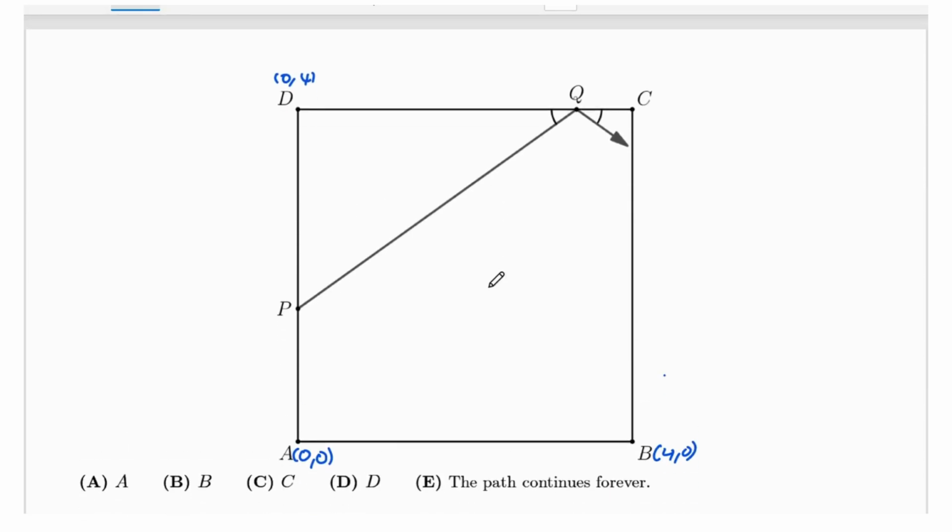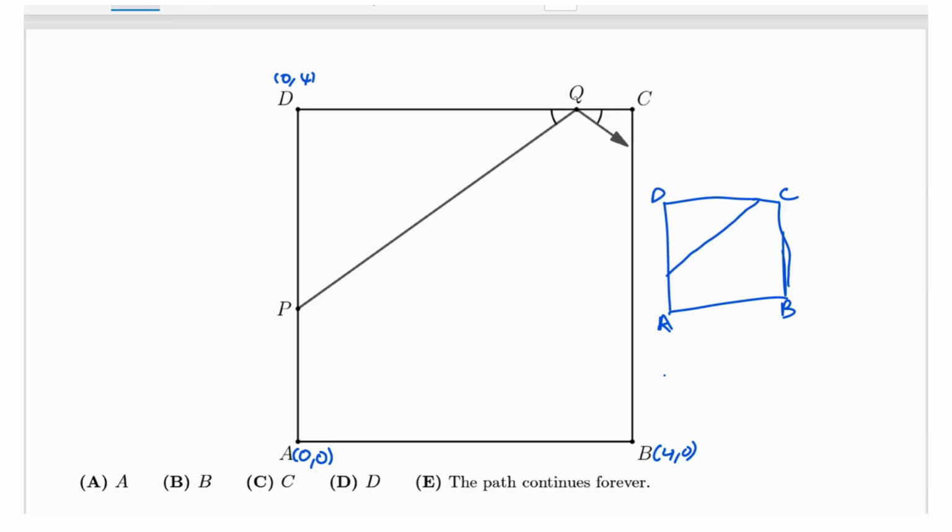So over here you can see I've put the square onto the coordinate plane, but we can ignore that for now. And let's draw a smaller version of the square on this side. So this is A, B, C, and D. And we have our line that looks something like this.